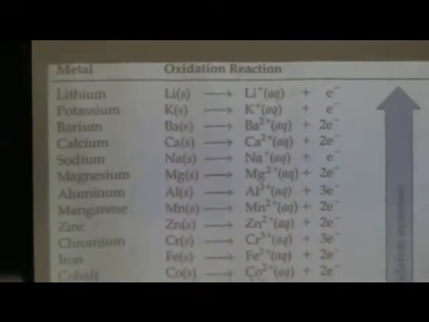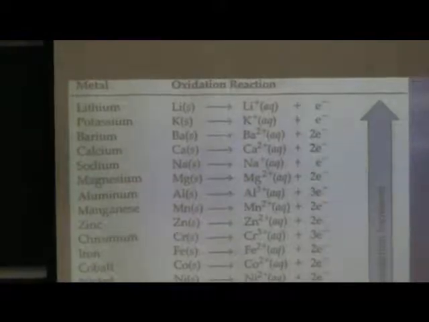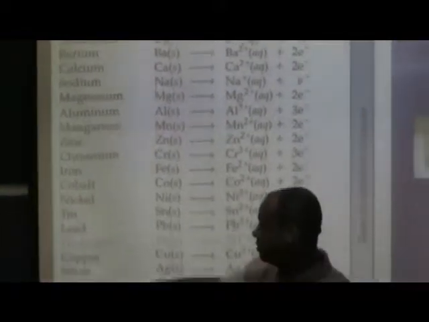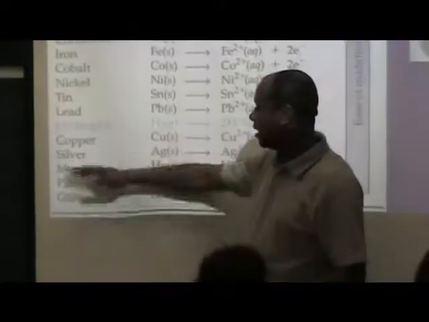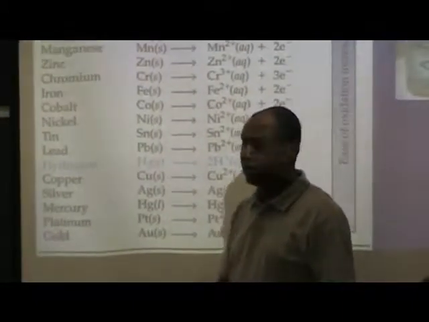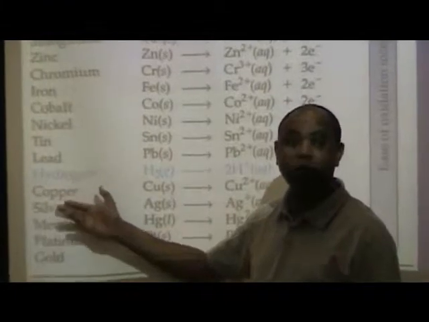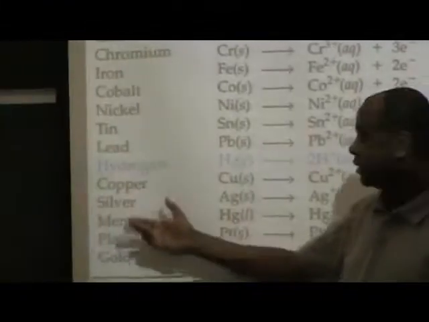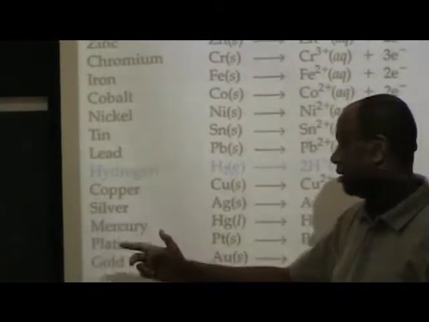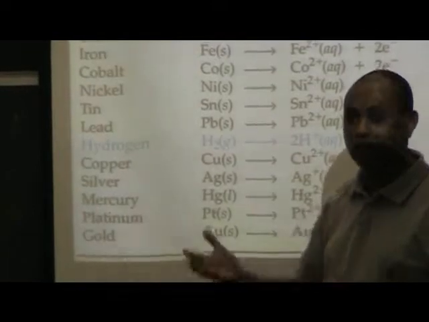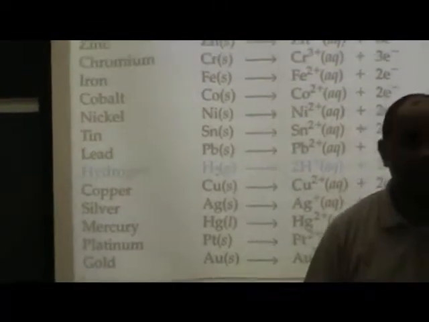These are group 1A and group 2A, pretty much. If you look at the last 5 elements, what kind of metals are they? Transition metals. And on top of that, there are noble metals as well. Copper, silver, mercury, platinum, gold. These are expensive metals, right? Precious metals, we can say.